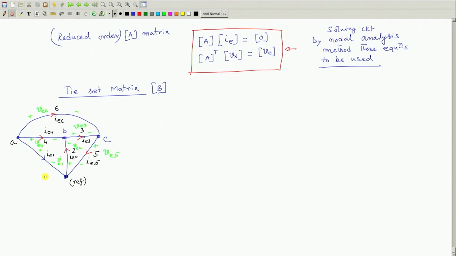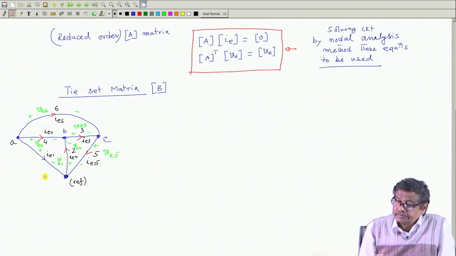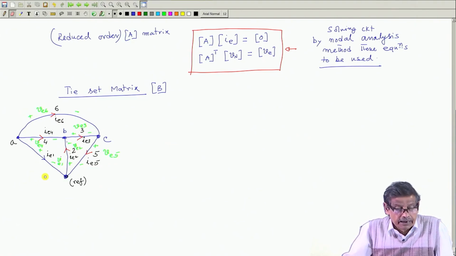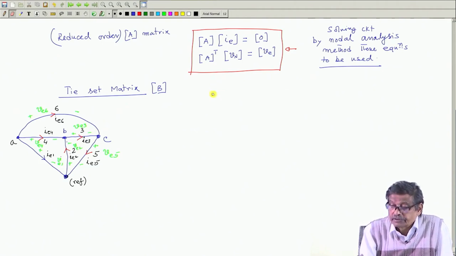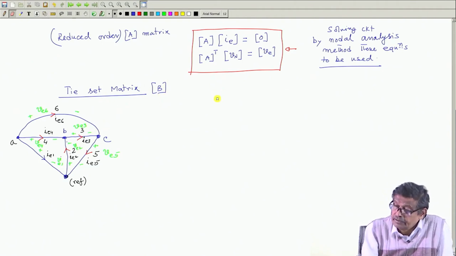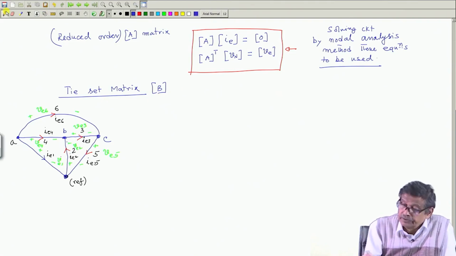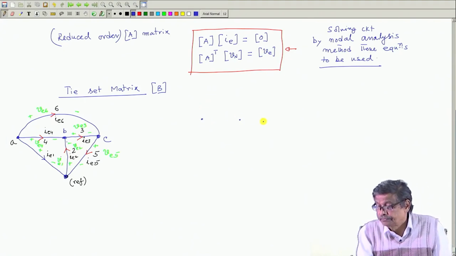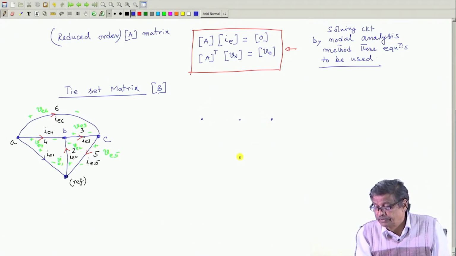Now, given a network, we must define what I mean by a tree of a network. So, these are the keywords before I really start the cut-set matrix. Now, this was the network, the graph of the network.